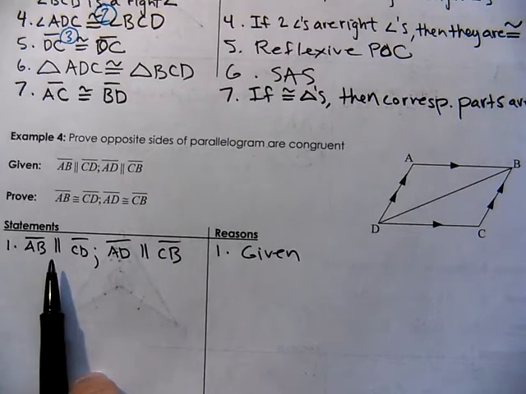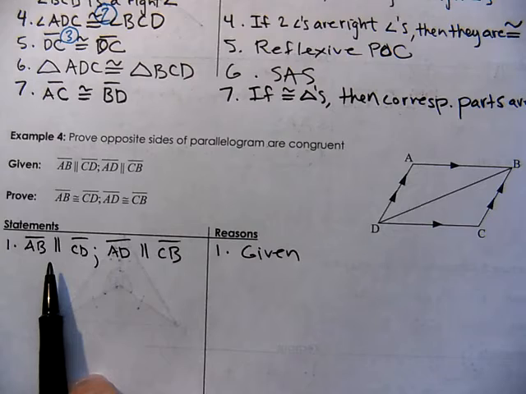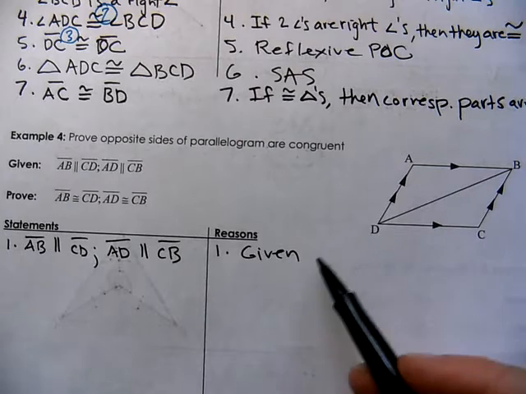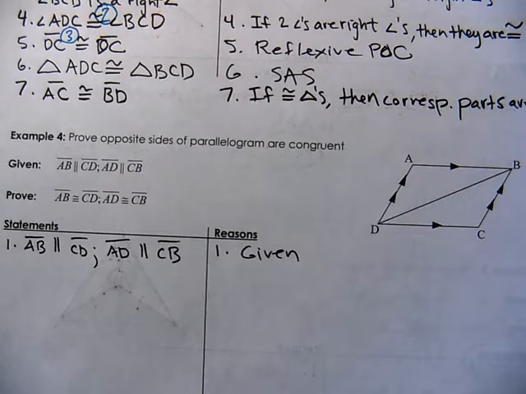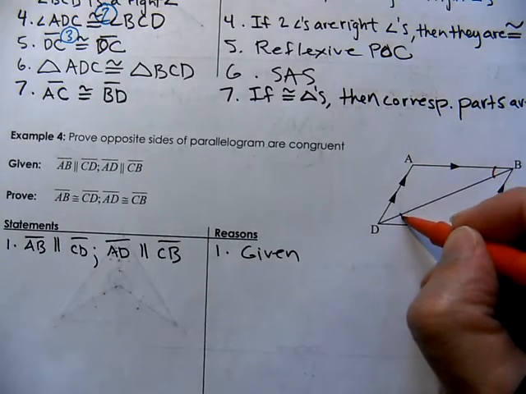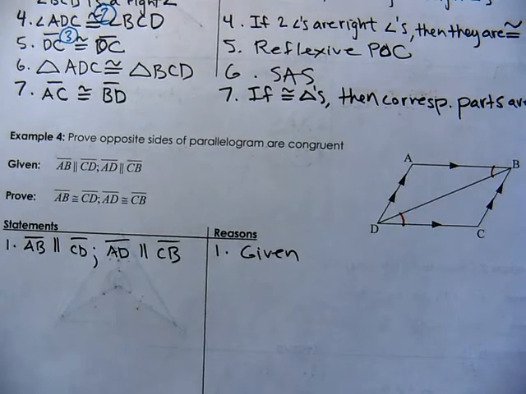So, do you recall what I said about what the parallel lines give us? If we have parallel lines cut by a transversal, then that means we have certain pairs of congruent angles. So we have to remember what they are. What's the name of that? Are those corresponding angles? Are those alternate interior angles?